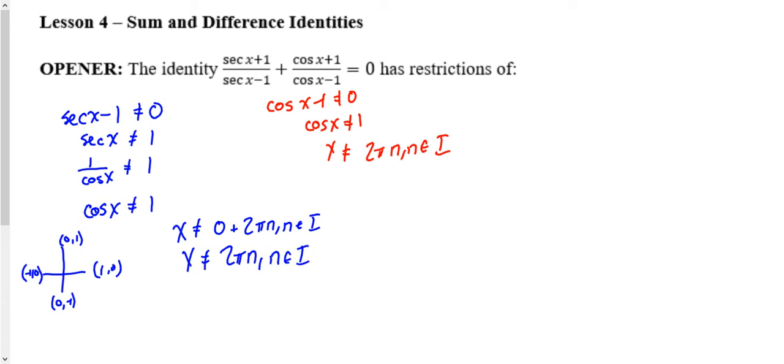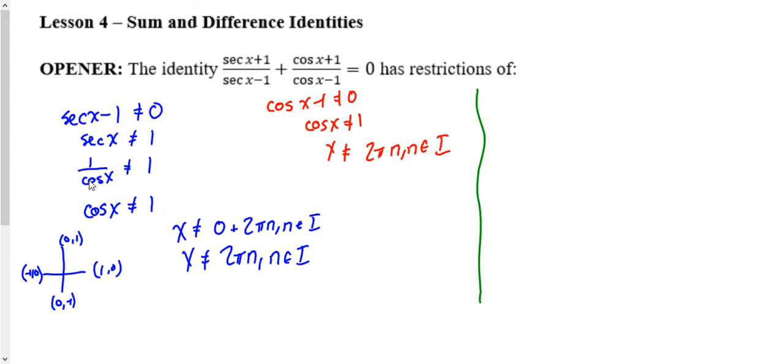There's one not so commonly seen, and I'm just going to do that over here in a different color. The third restriction that isn't seen as often is literally right here. It was part of our first equation. We had 1 divided by cos x cannot equal 1, and then we manipulated to get cos x cannot equal 1.